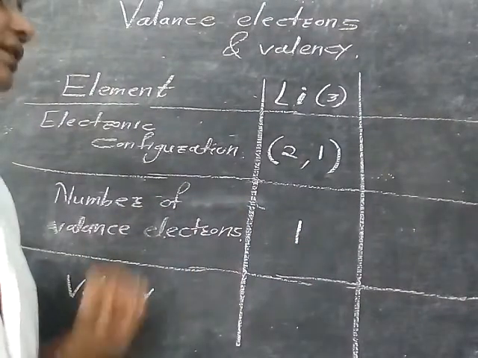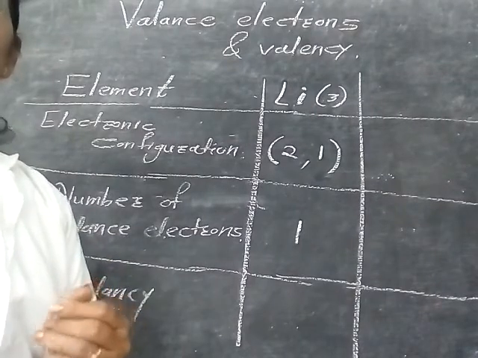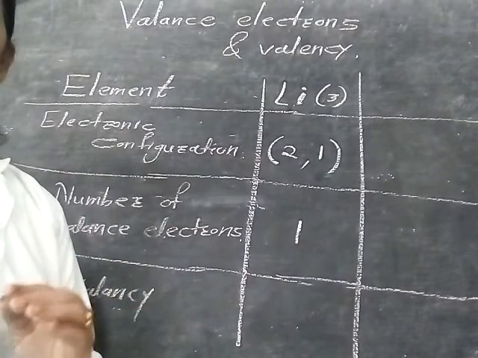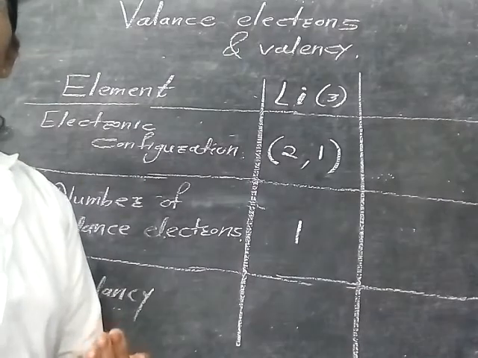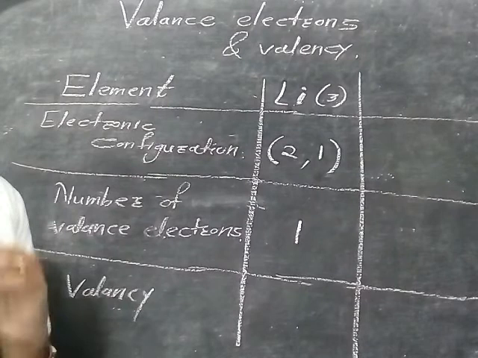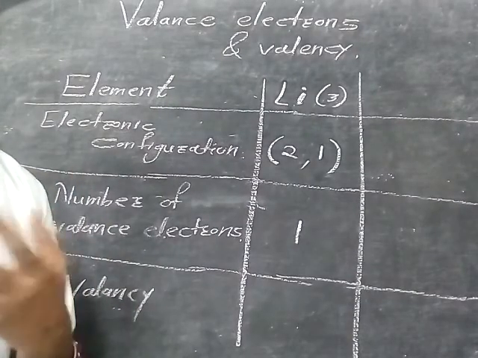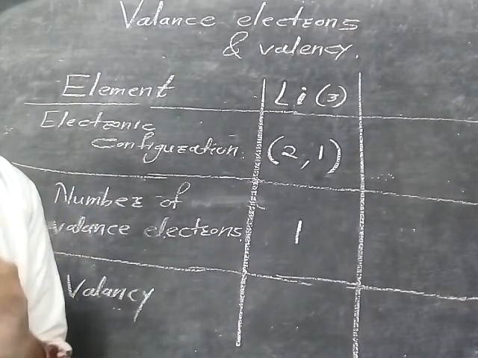And now the capacity of an atom to lose or gain electrons to complete its octet or duplet is called the valency of that element.